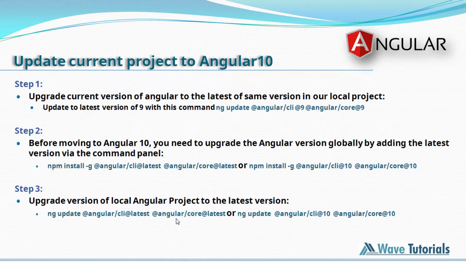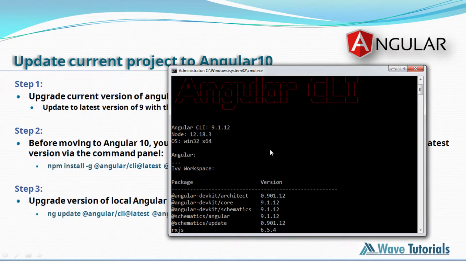So here we have to update our current project to Angular 10, and to do this we have to execute a few steps. Before we execute these steps, we have to make sure that the global version of our Angular CLI is updated to the latest of the same version. In my case, I already updated it to the latest of 9 globally.